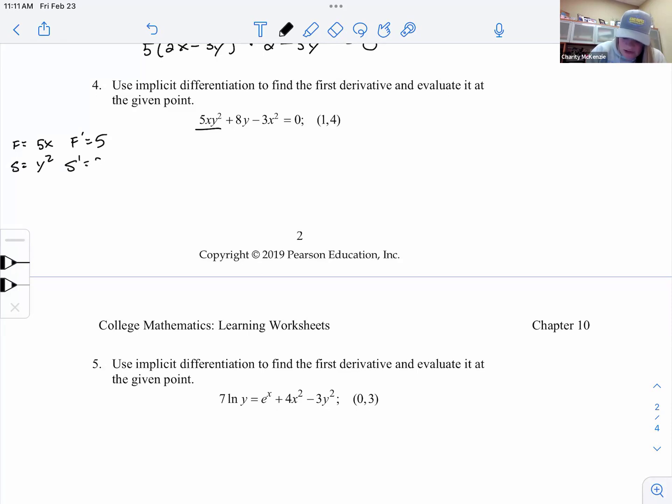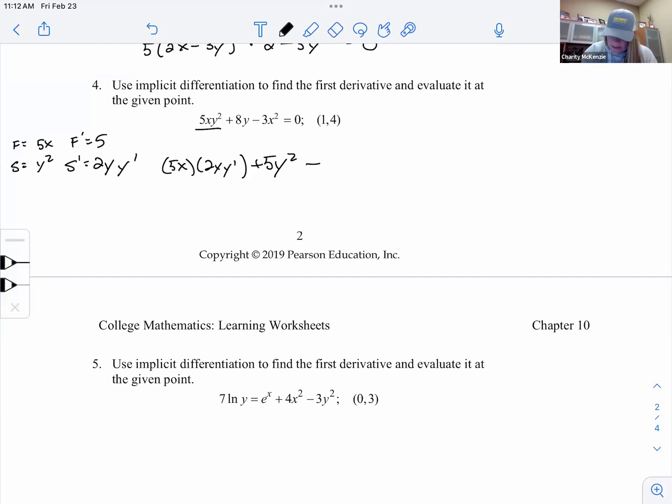The derivative of the second one is 2y, but you have to add a y prime, because I took the derivative of a y. So times them by each other: 5x times 2y prime plus 5 times the y squared. That is all the first term.